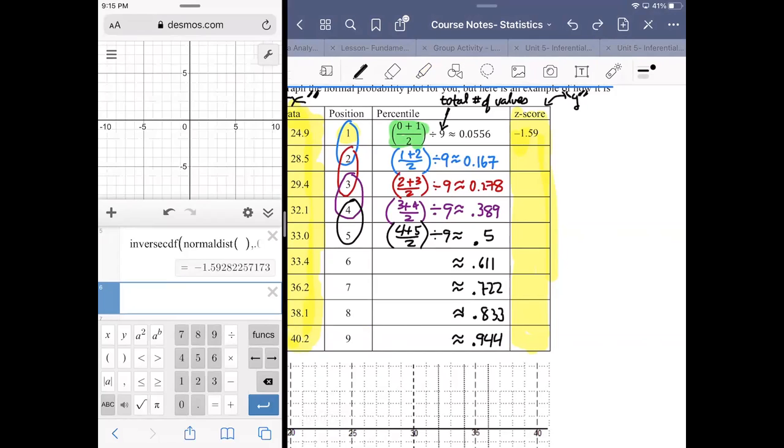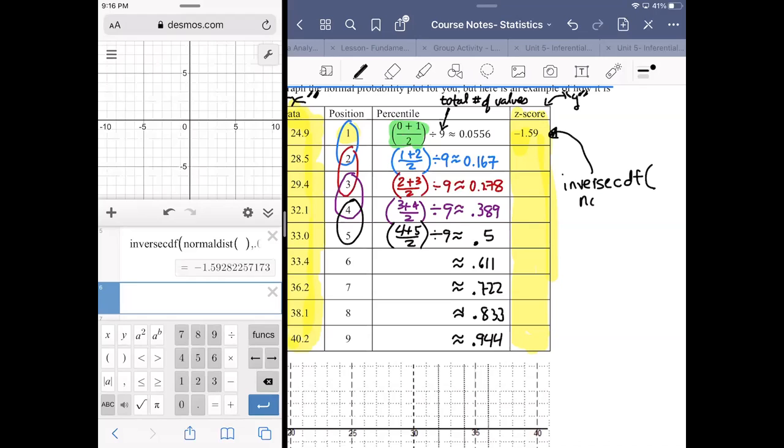So I'm thinking of GeoGebra or I'm just misremembering completely. Age is a thing. So we're selecting the inverse CDF function. Then we open parentheses.